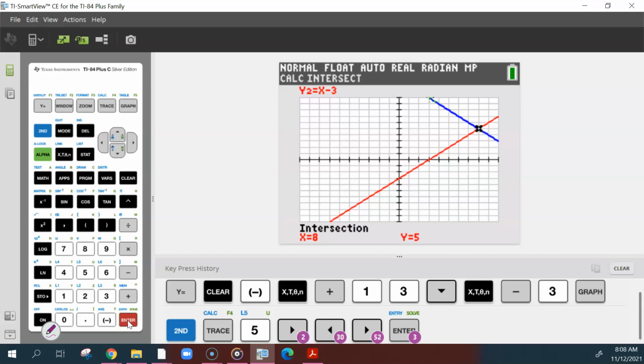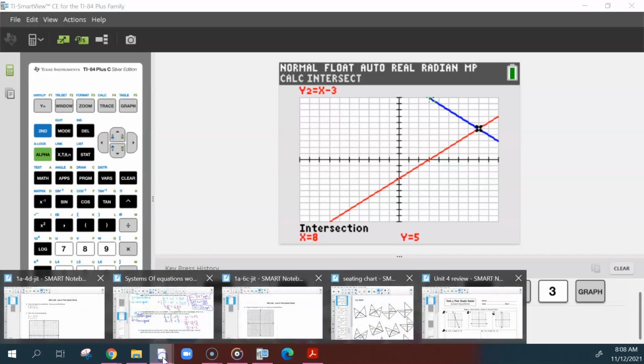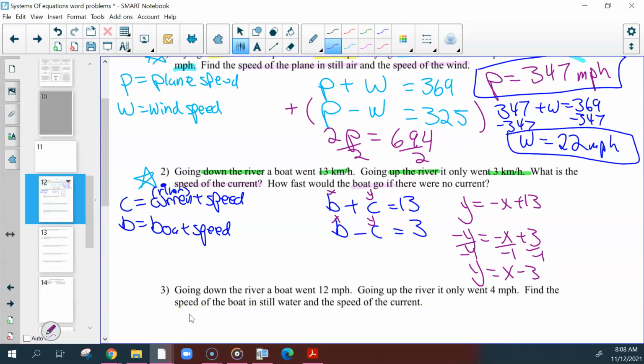So x is 8, y is 5. And then you would just need to change those back to whatever variables you had if those were not originally x and y. So 8 was x, which was b, and 5 was y, which was c.